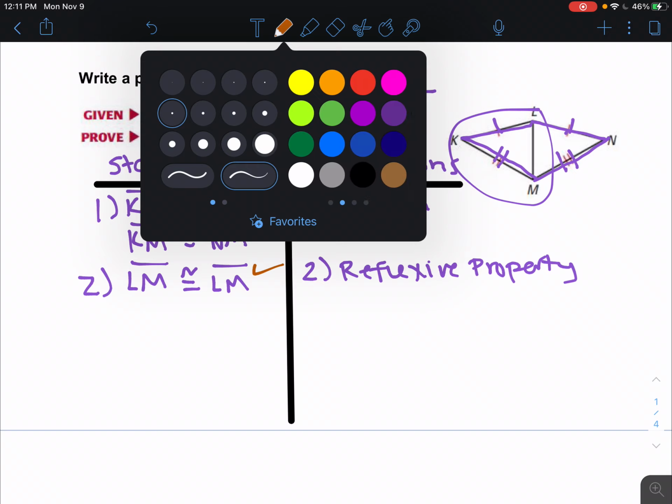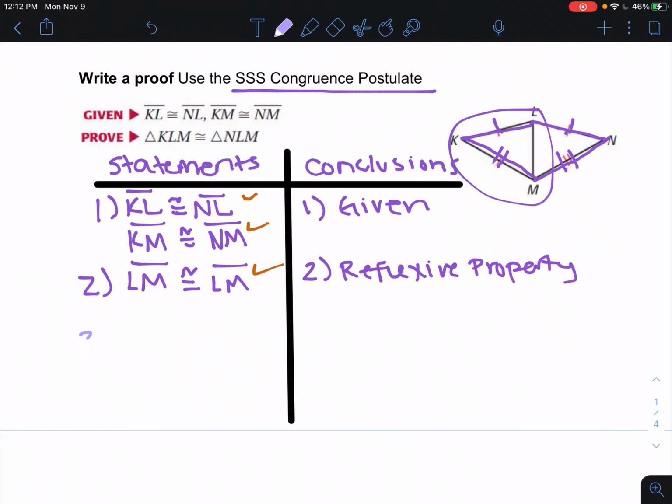Now that we have those 3 sets of congruent corresponding sides, we can say that triangle KLM is congruent to triangle NLM because we have 3 sides. That's our side, side, side congruence postulate. We had 3 sets of corresponding congruent sides.